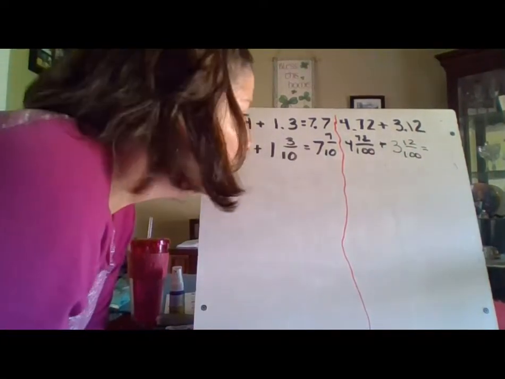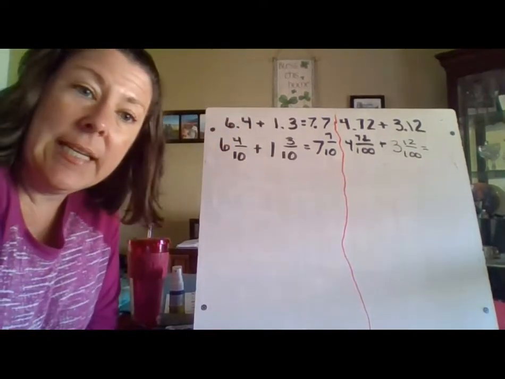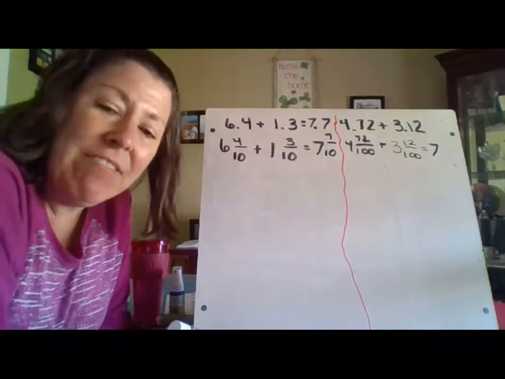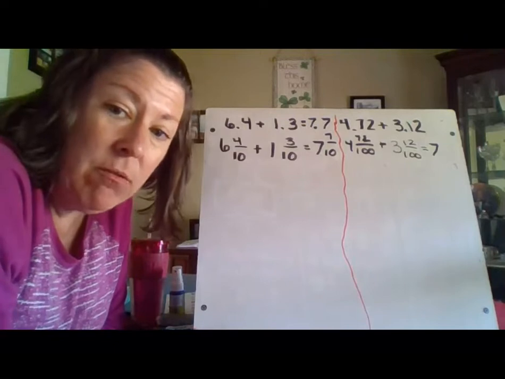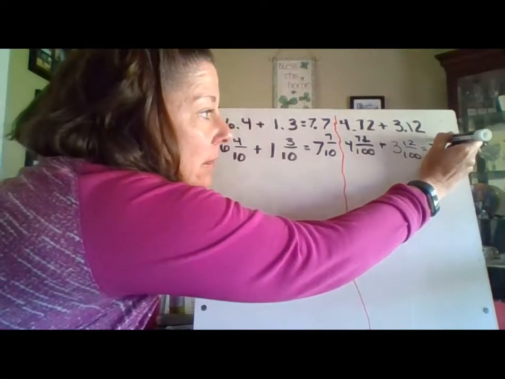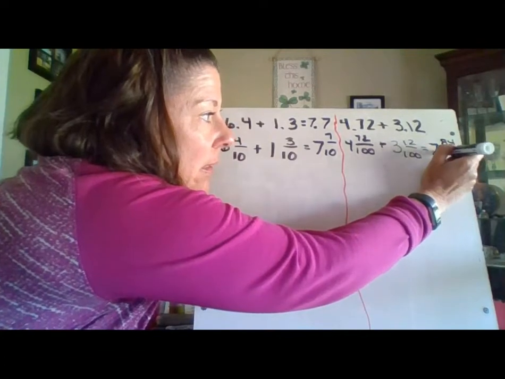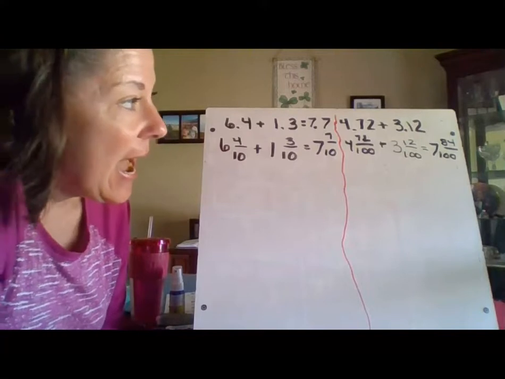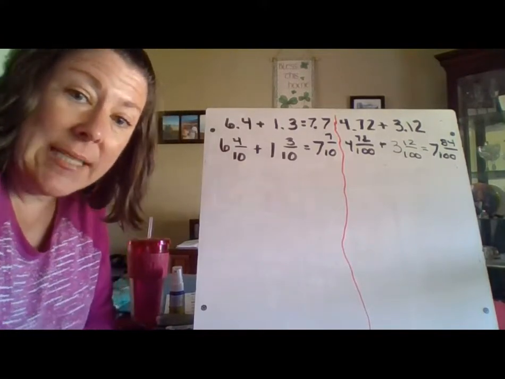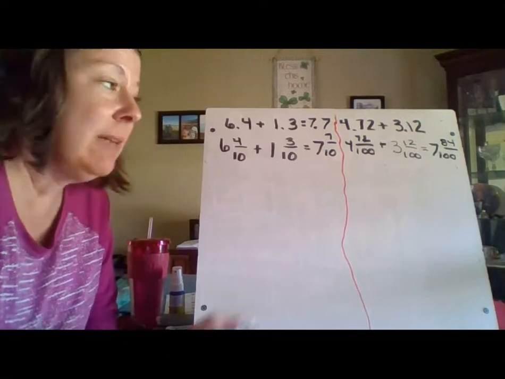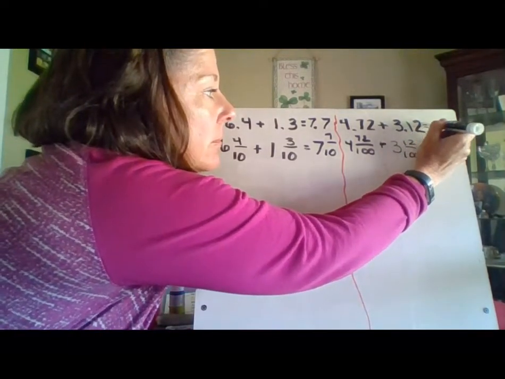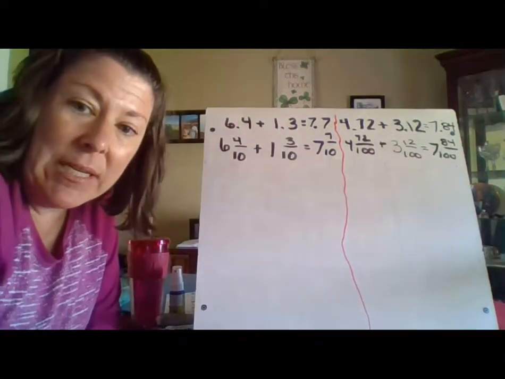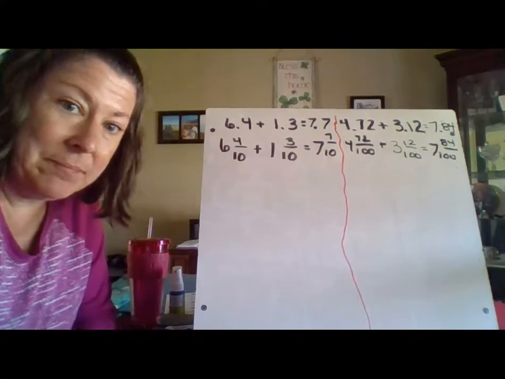Which is equal to 4 plus 3 is 7. 72 hundredths plus 12 hundredths is 84 hundredths. How do I write 7 and 84 hundredths as a decimal? I'm going to finish the decimal number sentence now. 7.84.